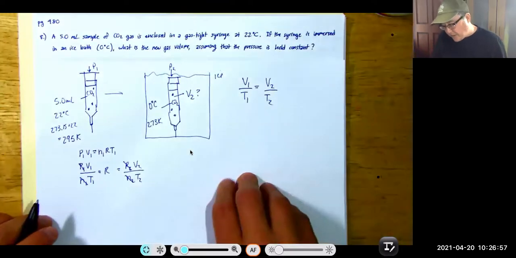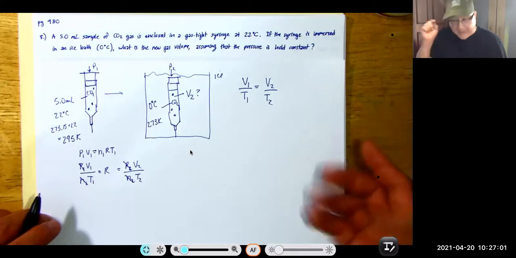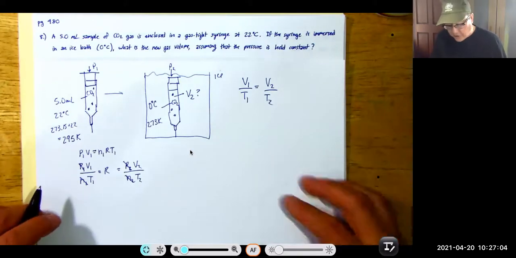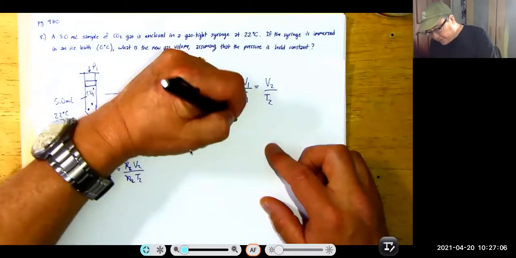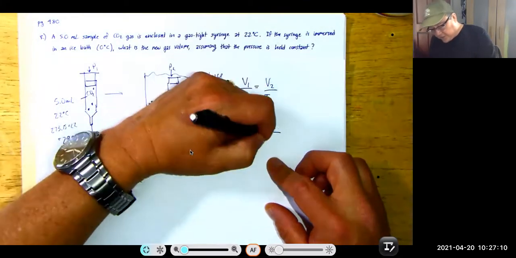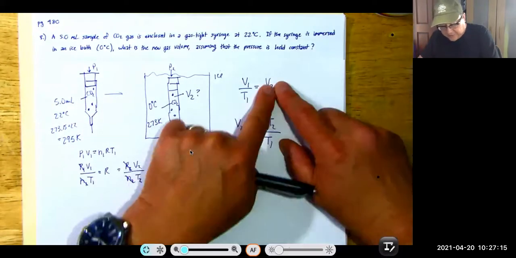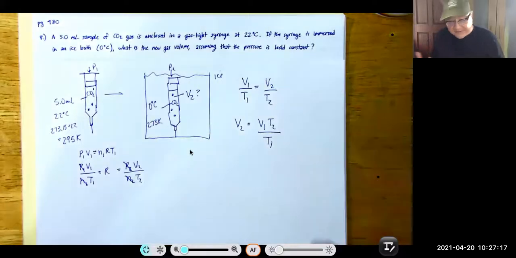If you happen to know, that's Charles' law, but we don't need to know it's Charles' law to be able to use it. We're solving for V2. So V2 is equal to V1 T2 over T1. I do the cross V1 T2, and then since I have V2 T1, I divide by T1 to isolate V2.